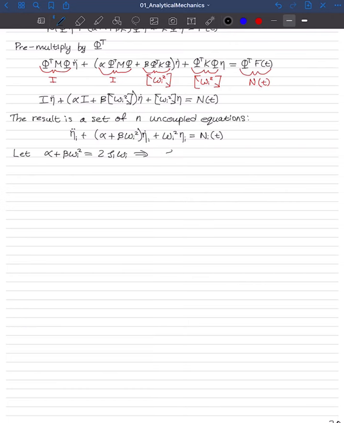This leads to the relationship that zeta i is equal to alpha plus beta times omega i squared divided by 2 times omega i, or as it's commonly written, alpha over 2 omega i plus beta times omega i over 2.